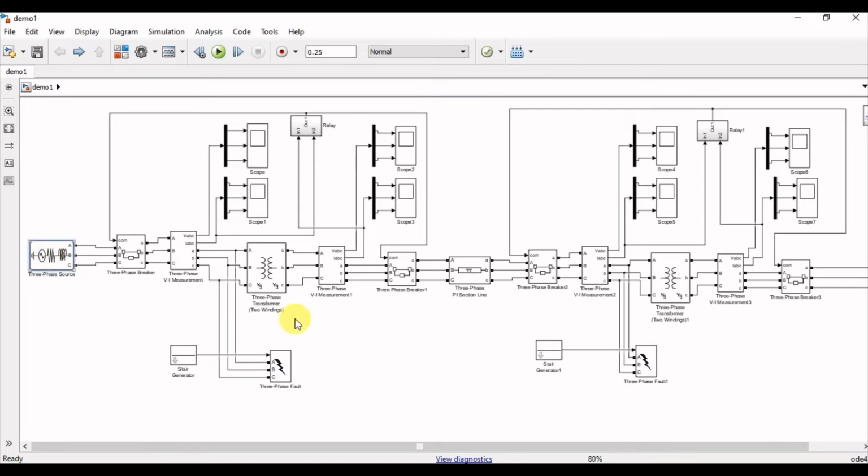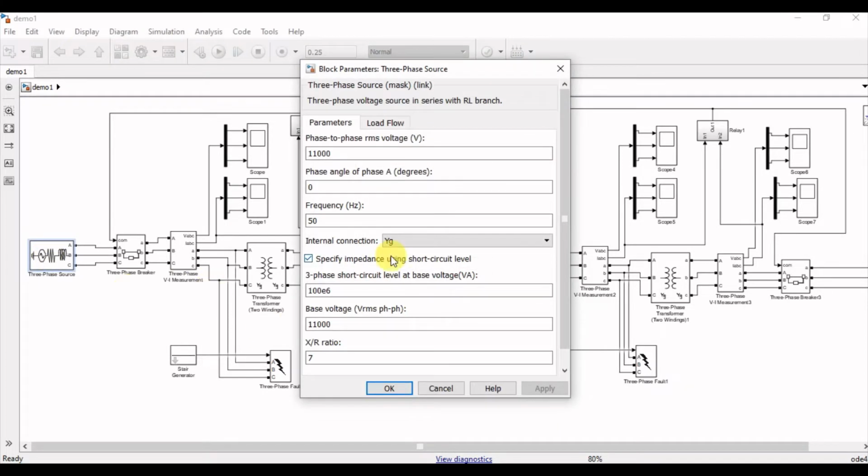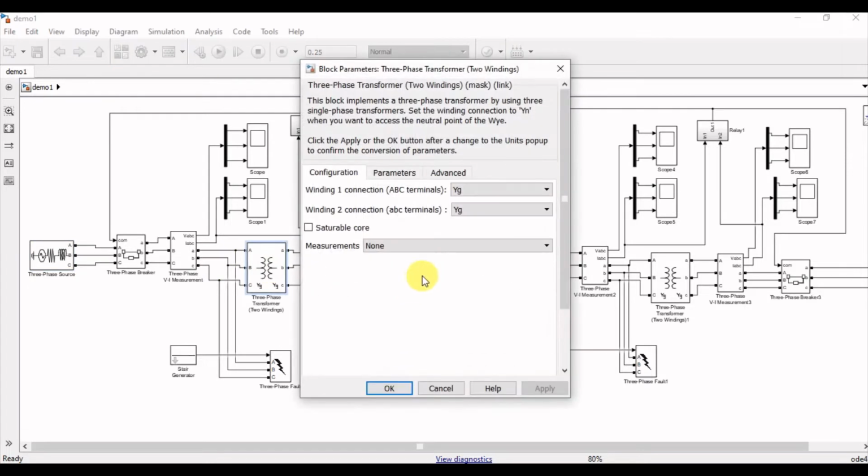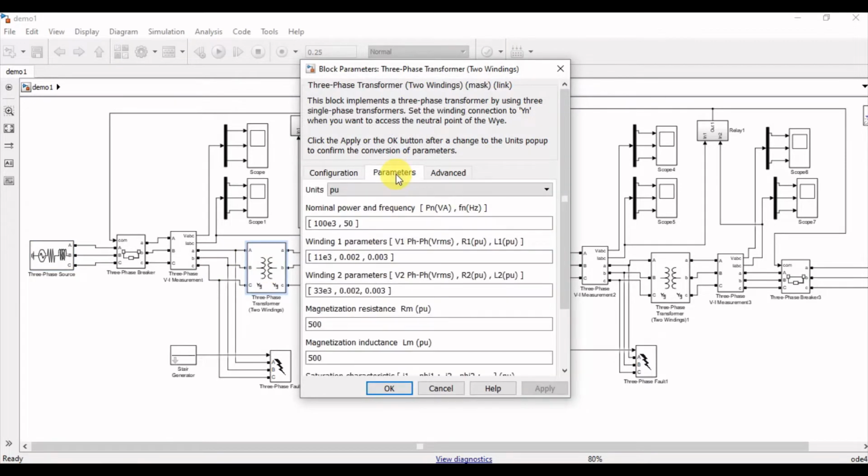So going towards the generation, these are the parameters of the generator that is used in my protection scheme. After generator I am having a transformer, step up transformer. So these are the various parameters of step up transformer. So the low voltage winding is connected to 11 kV while the high voltage winding is connected to 33 kV.